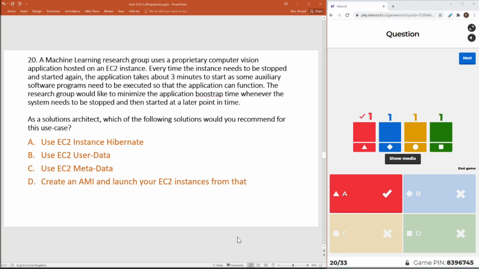Oh, that was a perfect split, I would say. Everyone thought a different answer.